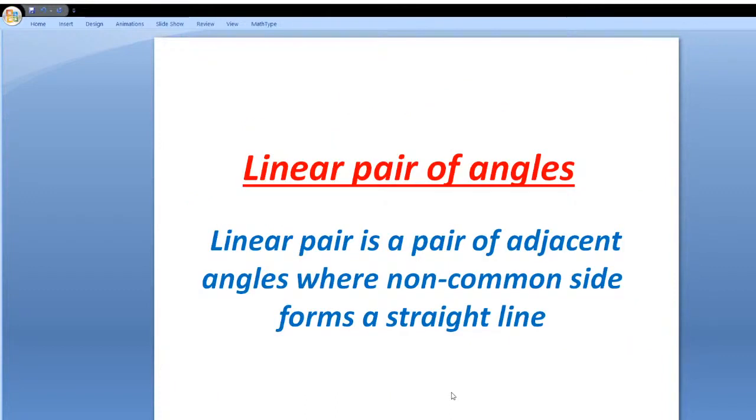Linear pair of angles, the next point. A linear pair is a pair of adjacent angles whose non-common sides form a straight line.